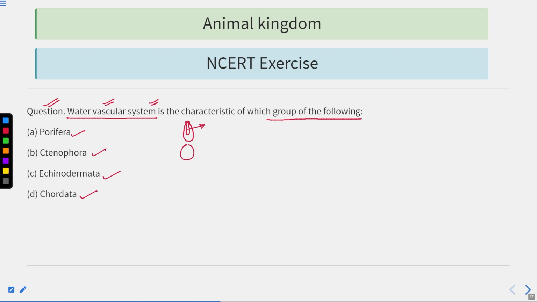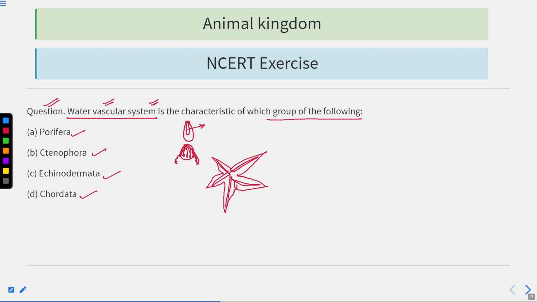Ctenophora are ball-like. The ball can be divided into 8 equal halves like this, and they have comb-like features. This is the Ctenophora. And Echinodermata, if you see, the starfish. In their arms, you can see a tube-like structure running from the center to each arm, right?